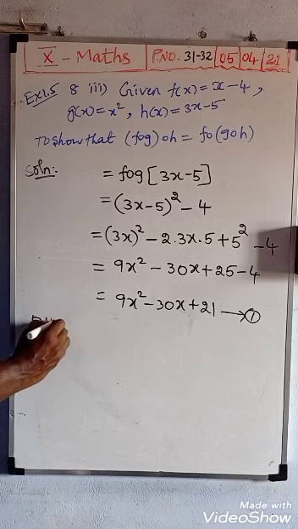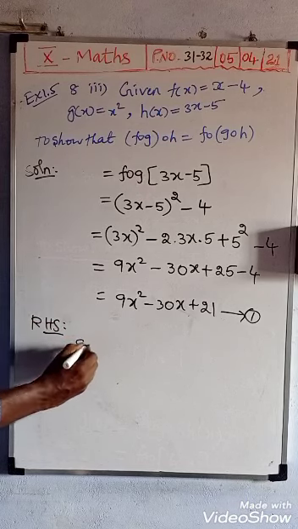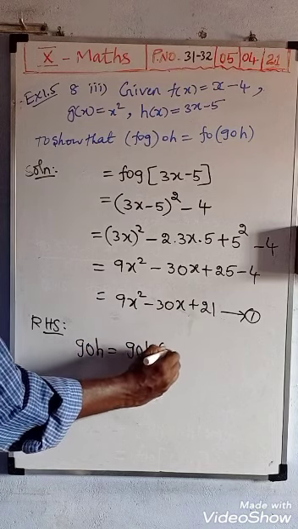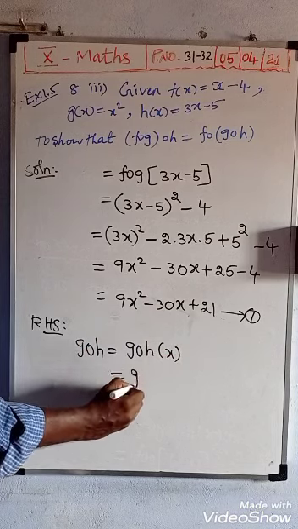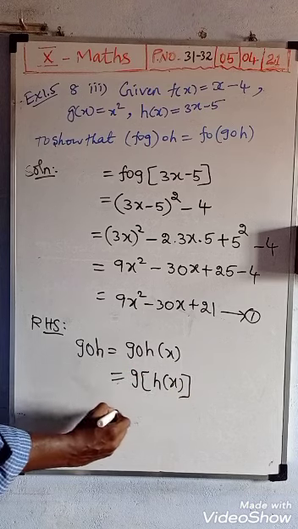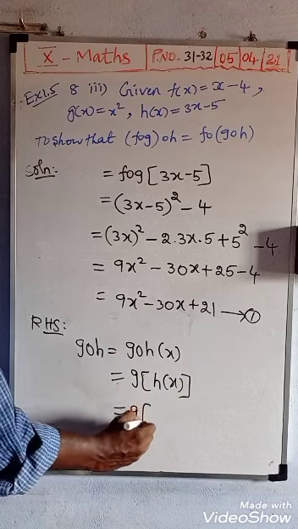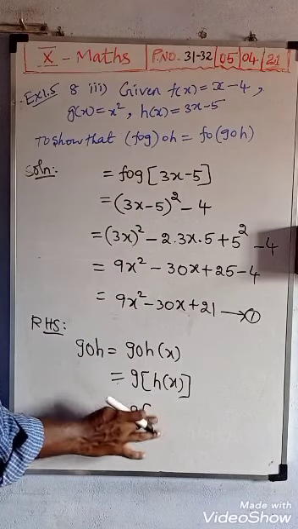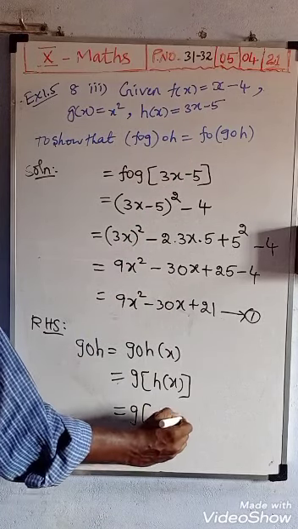Next, RHS. In the RHS, first what is the function? G composition h. So g composition h we can write as g composition h of x, which we can change to g of h of x. Now h of x function is 3x minus 5.